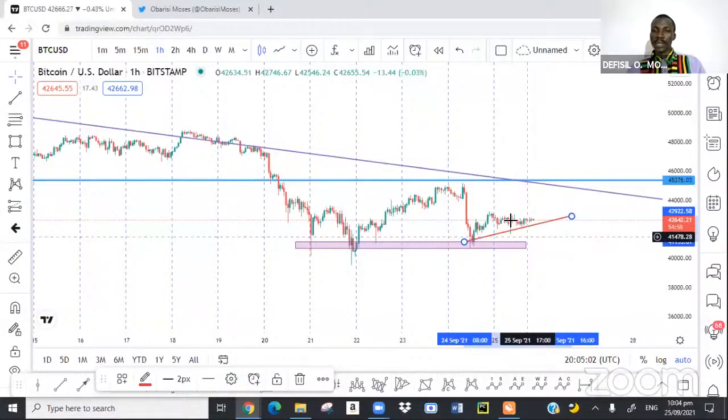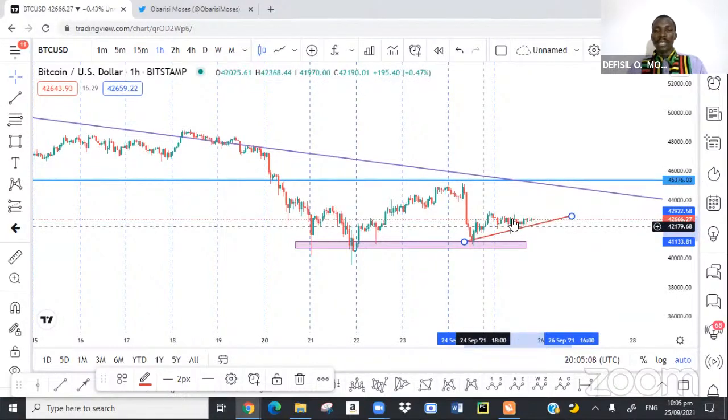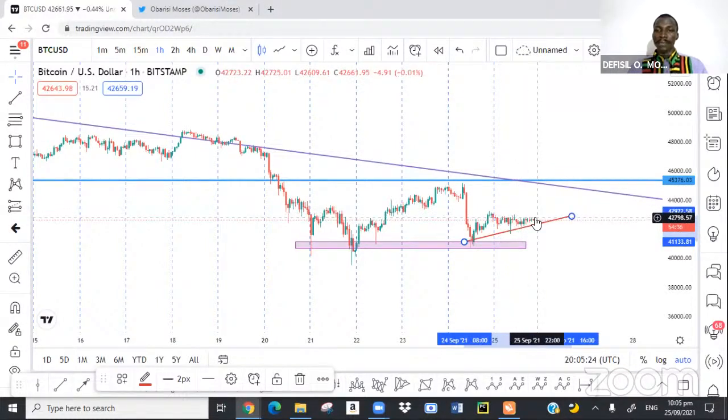The momentum here is weak, so I for one won't consider taking this movement. I won't take it seriously. You can even see over here, over this area, that it's looking as if it's moving sideways already. So I would not consider taking this market.